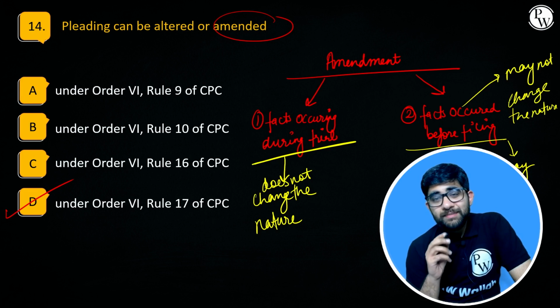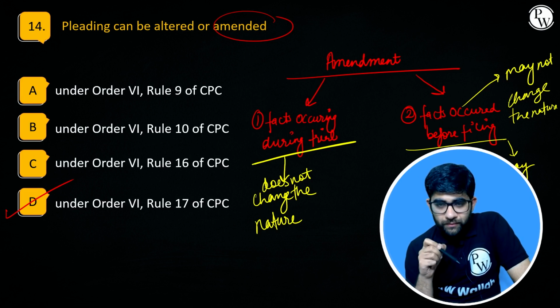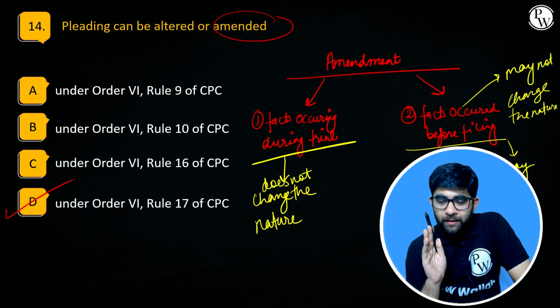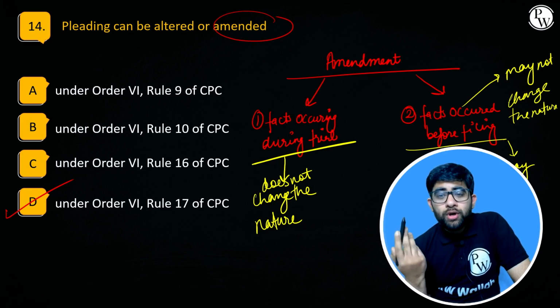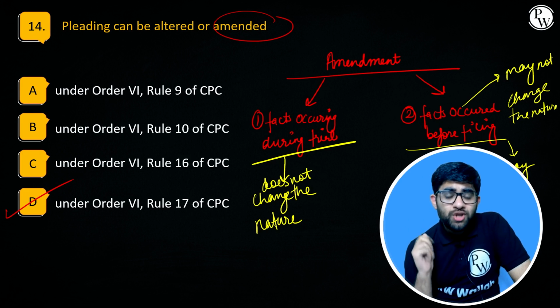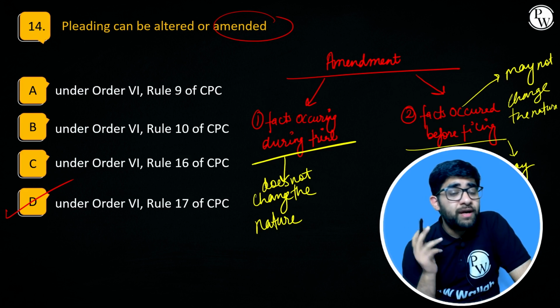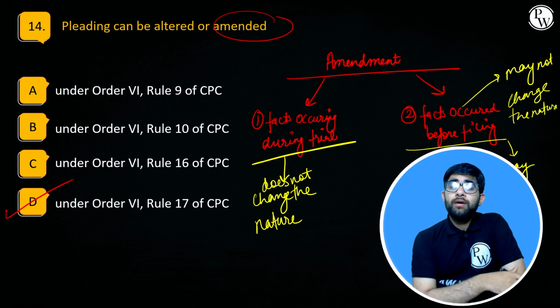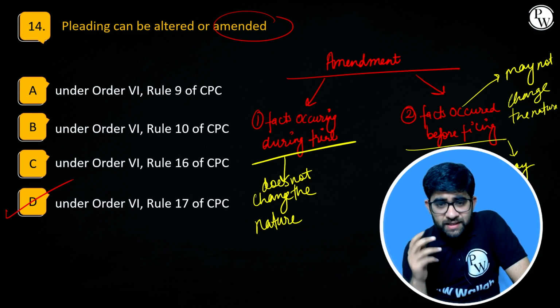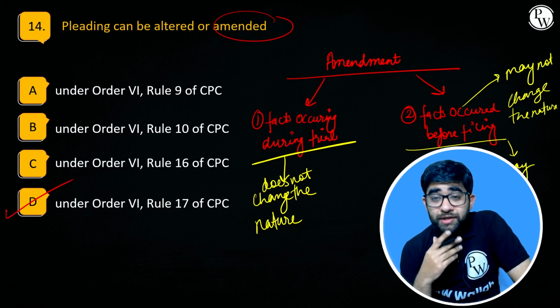He will be given the probate, first instance, second instance. What if the court notices afterwards that a probate is not possible, but a succession certificate will do, or a letter of administration will do?